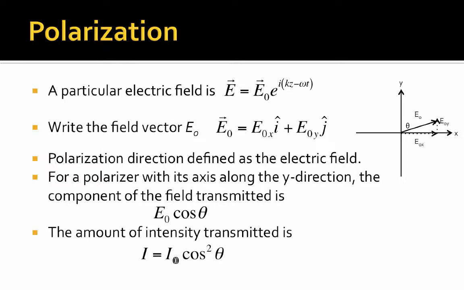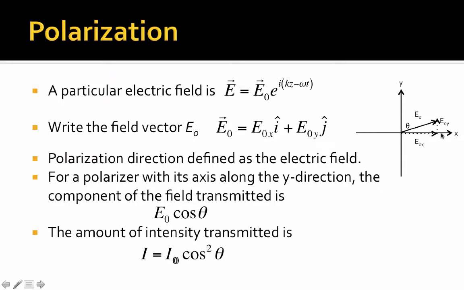So if we have a particular electric field that's E naught e to the i(kz minus omega t), we can write that E naught field vector as two orthogonal components. Right? So our electric field vector E naught that we see over here on the right has two orthogonal components, one that's along what we've called the x-axis and one that's along what we've called the y-axis.